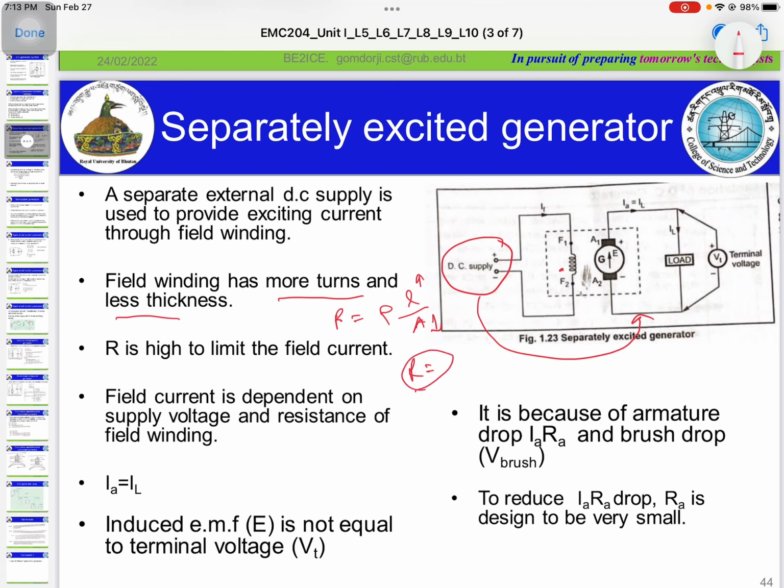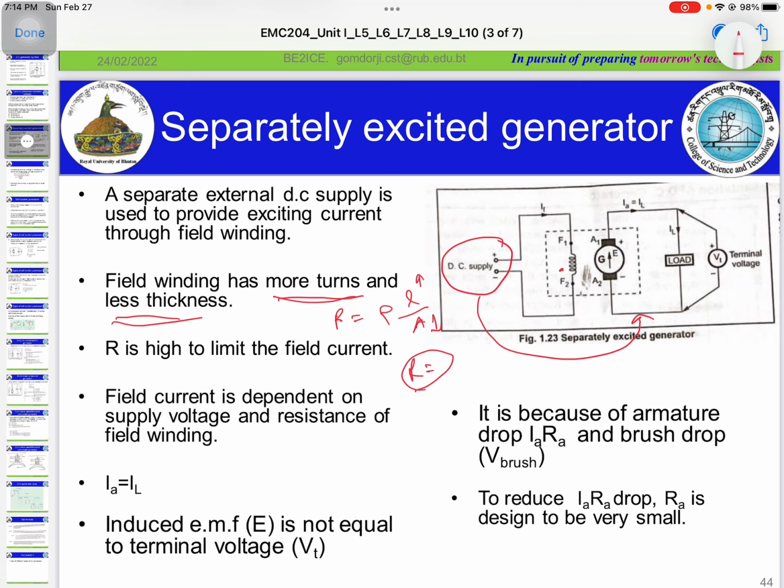So in order to limit the DC current in the field, we have more number of turns and less thickness. The field current is dependent on the supply voltage and the resistance of the field winding.